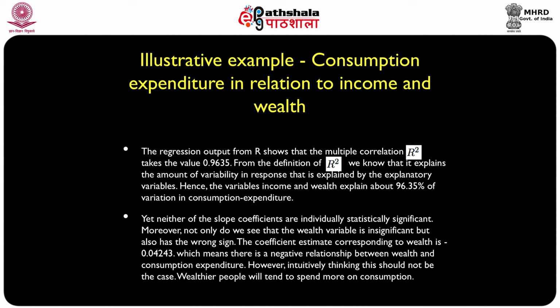Hence, consumption expenditure should have a positive correlation with wealth. However, the coefficient estimate corresponding to wealth in the R output is shown as negative 0.04243. Intuitively thinking, this should not be the case.